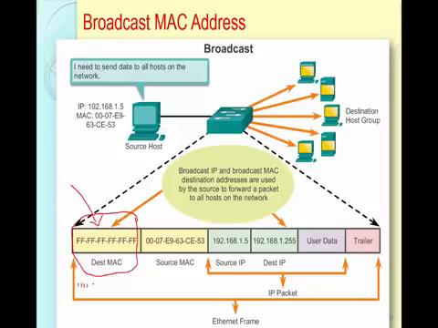So all 48 bits are ones, which when you translate to hexadecimal is going to be all Fs. When a node receives a packet with the destination being all ones, it says, okay, this is a broadcast, which means it's also meant for me. And this applies to this and to this and to every node on our network. So this is the second type of Ethernet addresses.